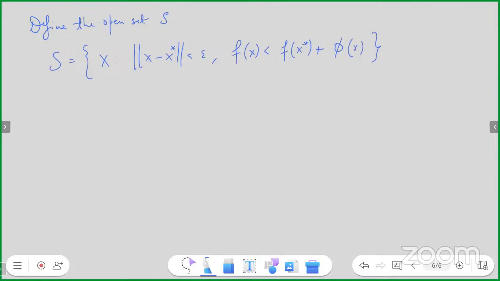So that's the slack I'm defining for us. In distance from x star, I'm at most epsilon. In terms of f, I'm at most phi of r.